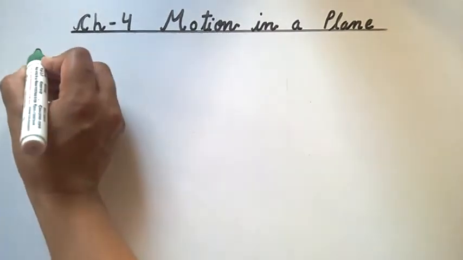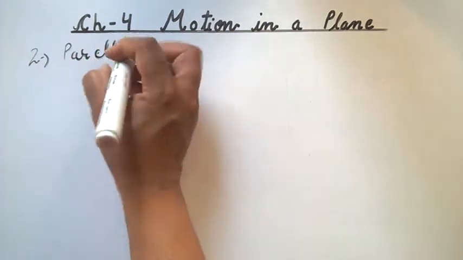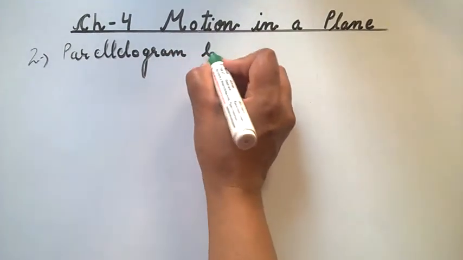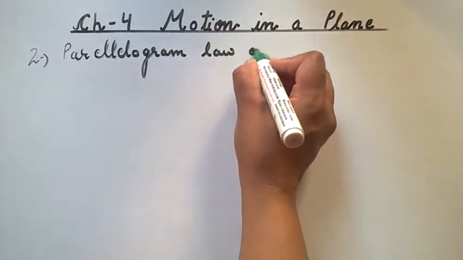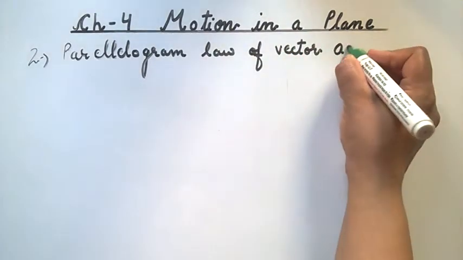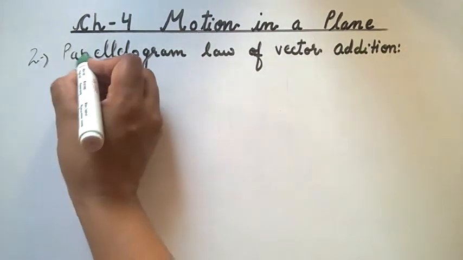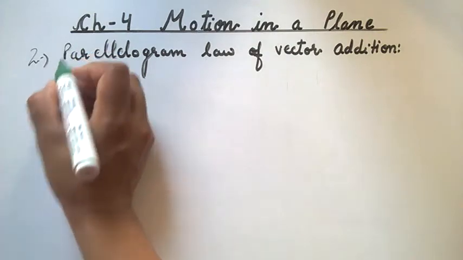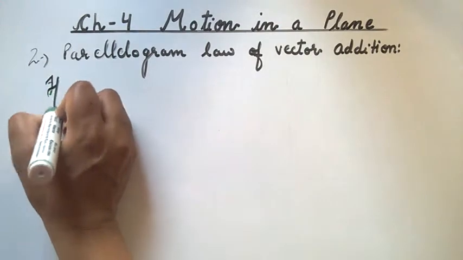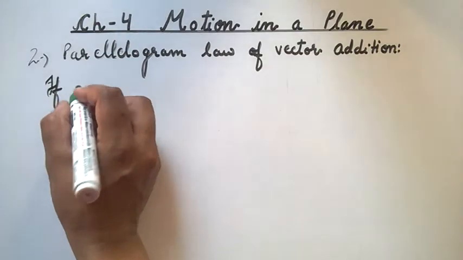Now the second way of vector addition is the parallelogram law of vector addition. In this we will add two vectors, or represent two vectors, by the adjacent sides of a parallelogram, and the resultant is given by the diagonal of the parallelogram.